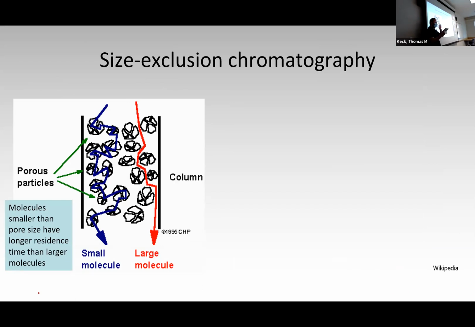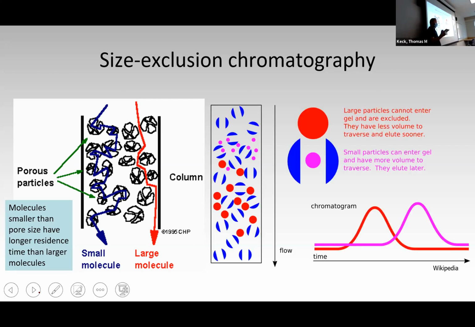Size exclusion chromatography uses porous particles when building the matrix, so that there are little nooks and crannies. Little things get stuck in the nooks and crannies, and big things don't. So they have fewer things to interact with. They bounce through rapidly. So big things come out fast, and small things come out slowly.